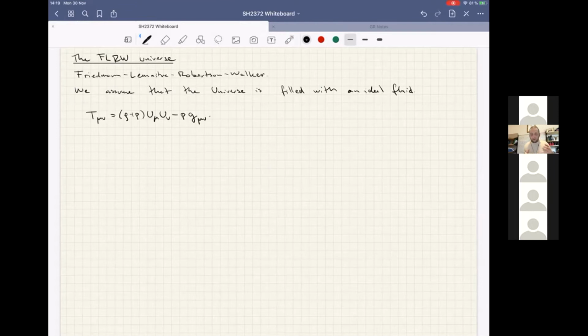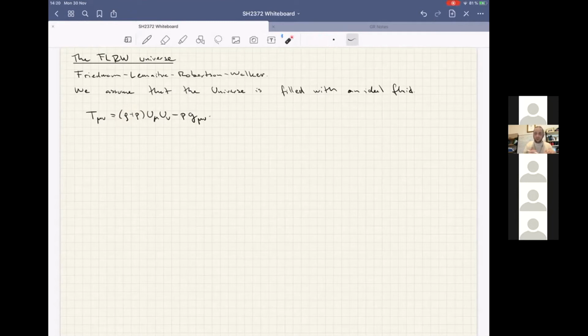Now, in order to have a solution that does not break isotropy and the homogeneity, we must make sure, first of all, that rho and p, the pressure and the energy density, only depend on the time coordinate t. If they don't, then we have already broken the homogeneity and isotropy of the universe.